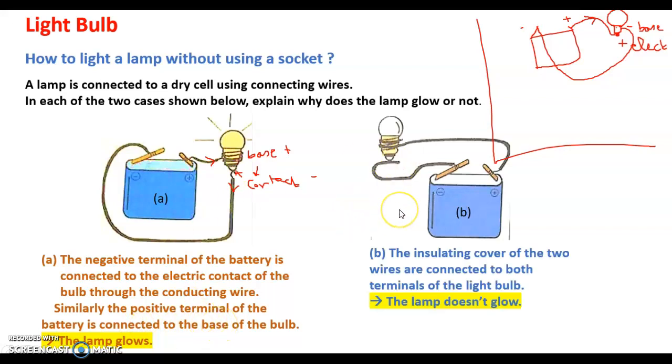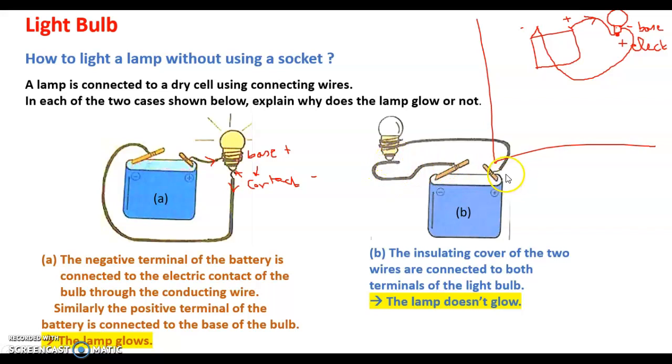What about the second one? Though it appears that the two terminals of the battery are connected respectively to the two terminals of the lamp, still the lamp doesn't glow. The point here is that you can see that the other end of the wire connecting the negative terminal of the battery to the contact of the light bulb is also insulated, so current can't actually pass through.